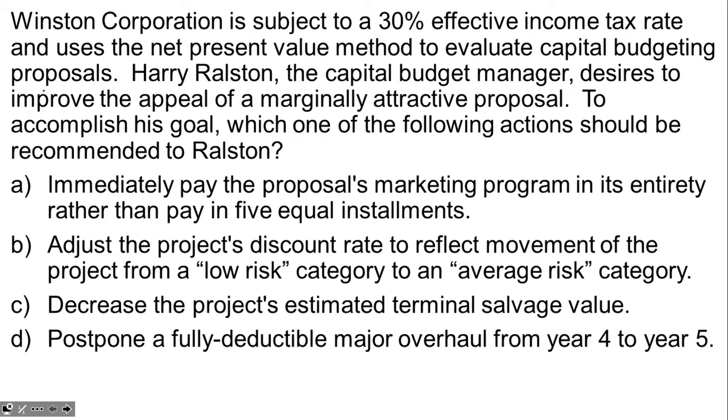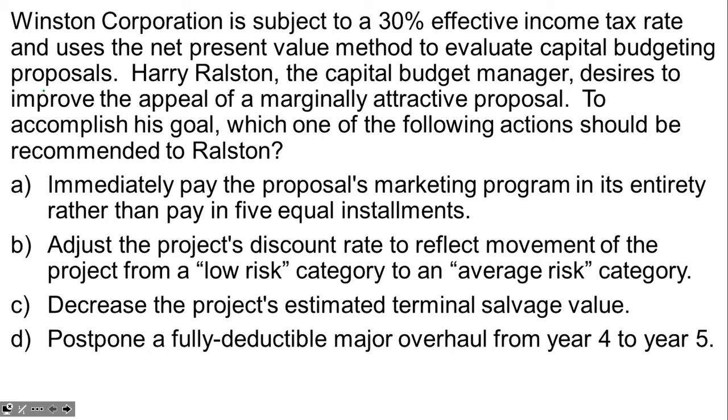Before we look at the choices, how can we increase the net present value of our project? There's a number of things we can do. We can move our cash outflows to later in the project, or kind of the opposite, we can bring our cash inflows earlier in the project, if we have that option. We can use a lower interest rate to make the calculations, a lower discount rate.